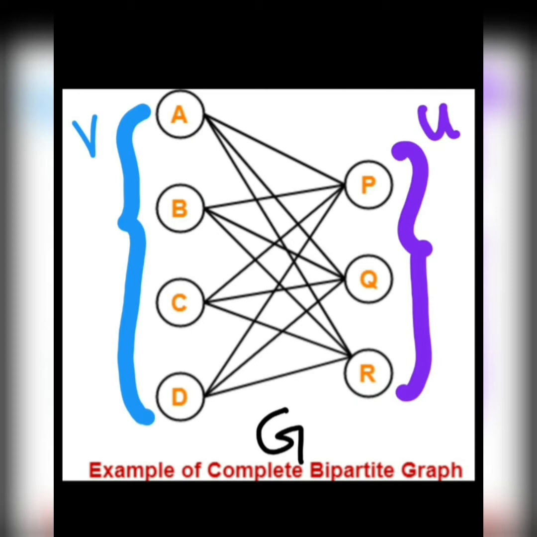In this graph G, I have partitioned the vertex set of G into two subsets U and V. In the set U, I have vertices P, Q and R. In V, I have vertices A, B, C and D. Every edge has one end vertex in U and the other end vertex in V. None of the vertices in U are connected to each other, but they are connected to vertices in V. So that is what is meant by a bipartite graph.